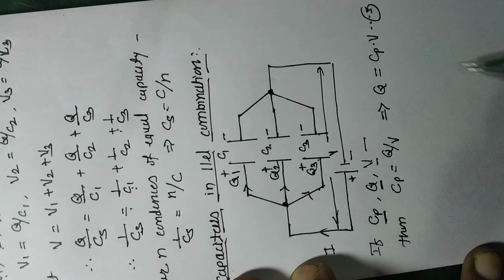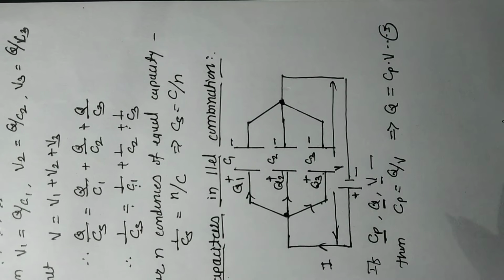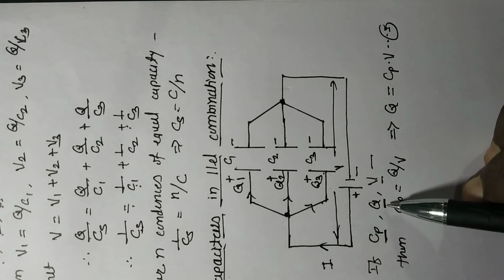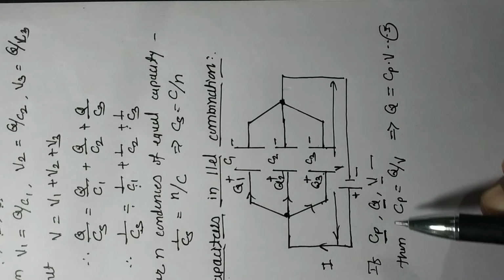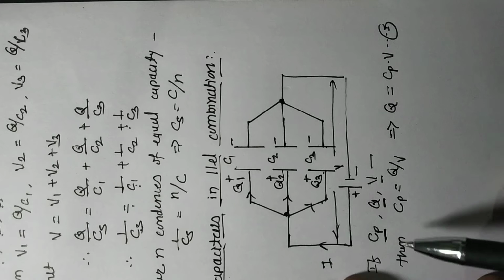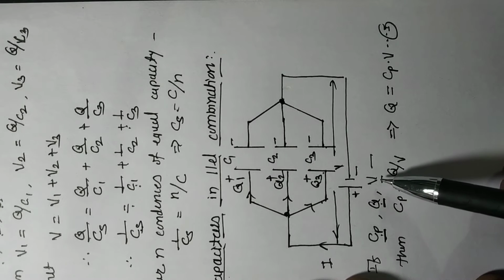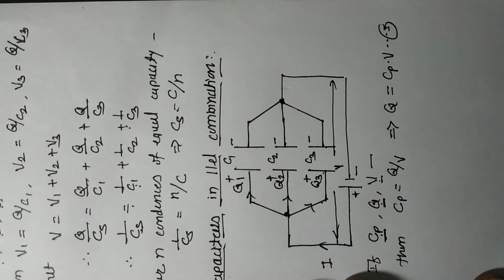Suppose this is equation number 1. Cp, Q and Phi are the resultant capacity in parallel combination, total charge and total potential across the combination.